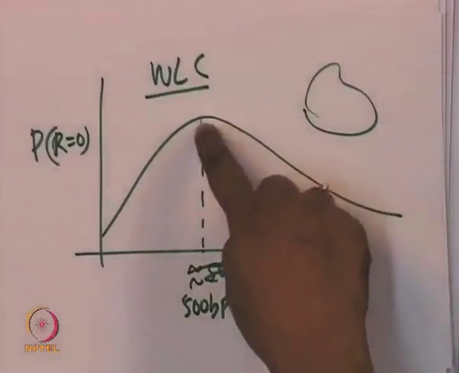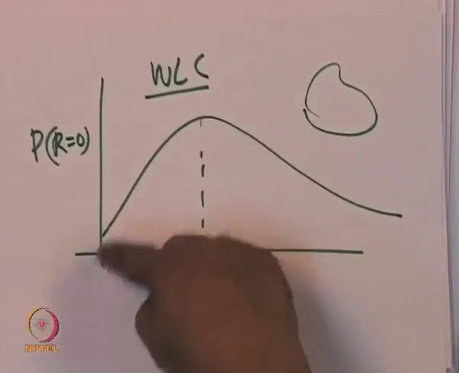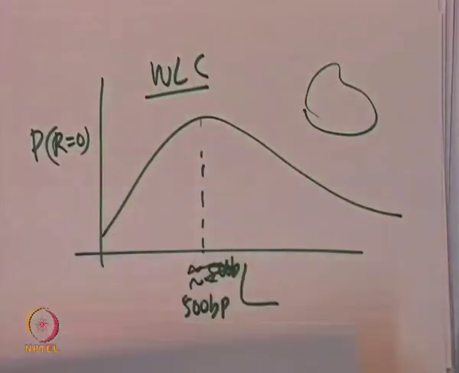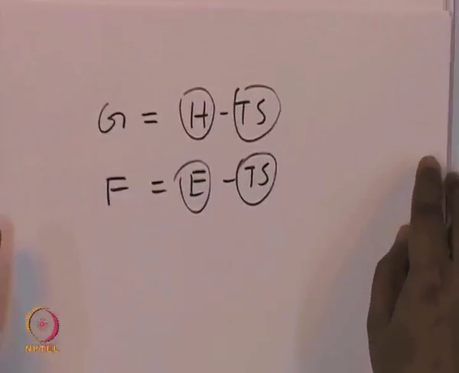Somewhere in the middle, it is a combination between energy and entropy, which makes it non-monotonic. Pretty much every system that you can think of in biology can be thought of as some combination between energy and entropy. Energy wants it one way and entropy wants it the other way.